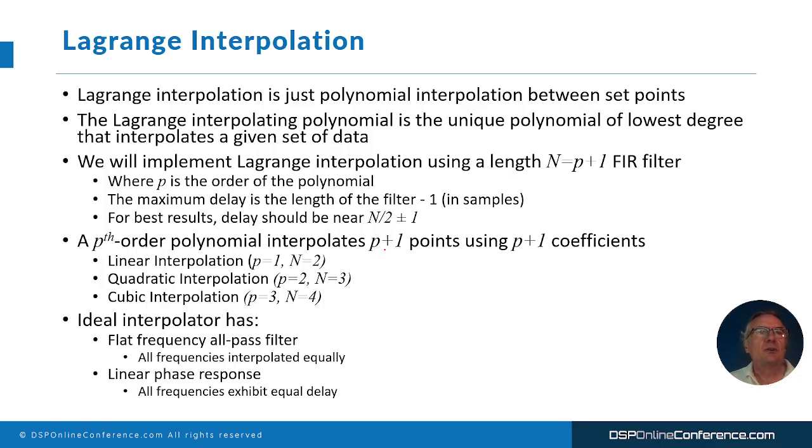If our desired point is exactly halfway between the two, then of course the result is the average of the two numbers.